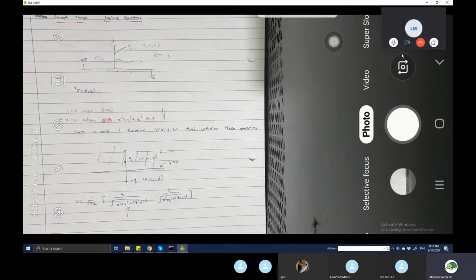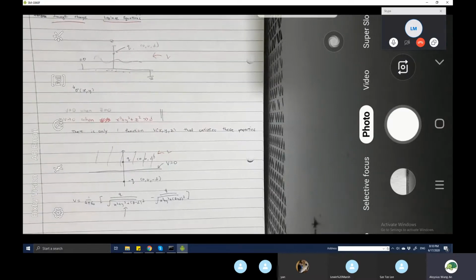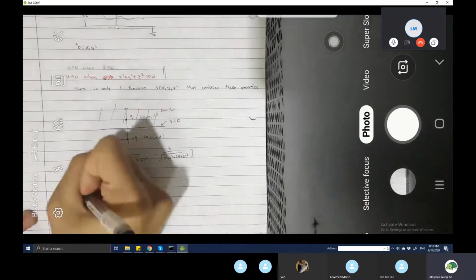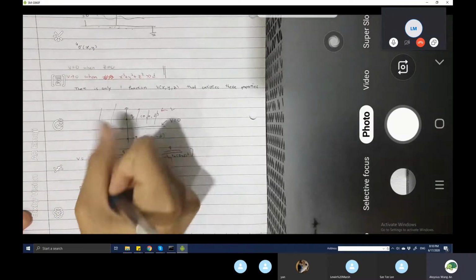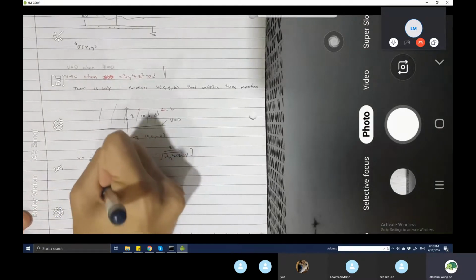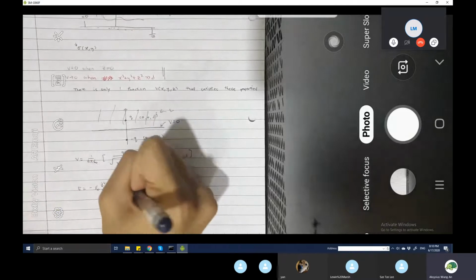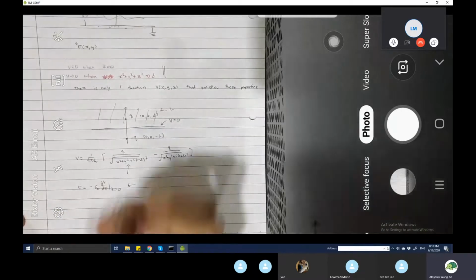Okay. And after you have found V, if you want to find the electric field or the charge density, you just apply the formulas as before. Just as a demonstration, your sigma will just be equal to minus epsilon naught partial V partial z, at z equals 0. You can plug this in here and you can get your answer.